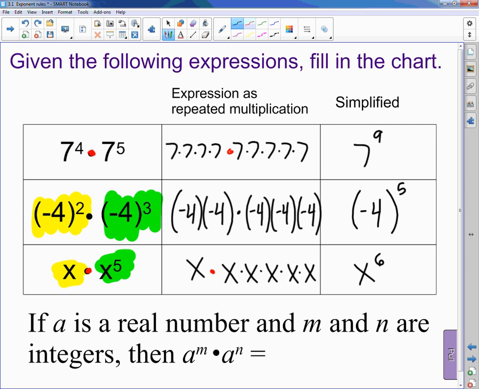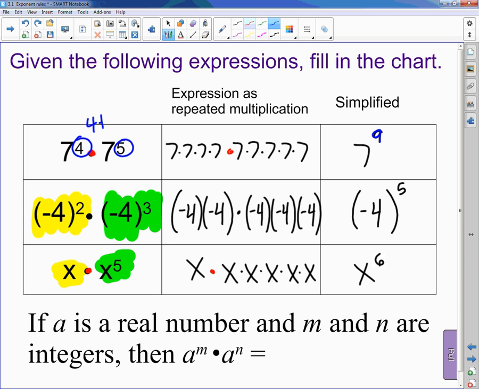And so what we want to look at is what the rule is here. Repeated multiplication. If you multiply something by itself multiple times, what are we doing with the exponents? That's the question we want to ask ourselves. How can you take 4 and 5 to get 9?